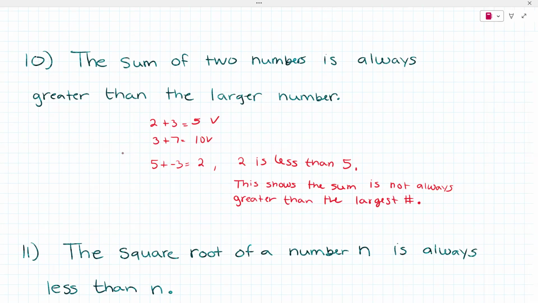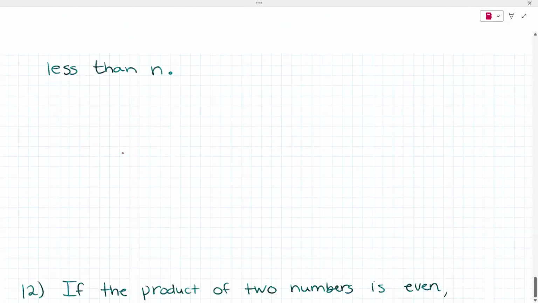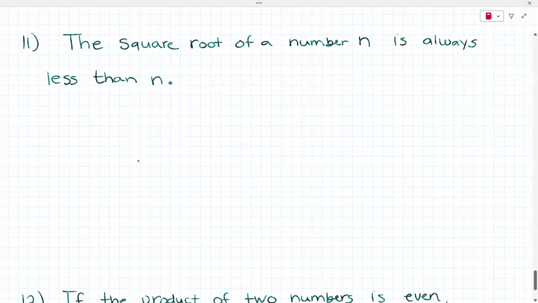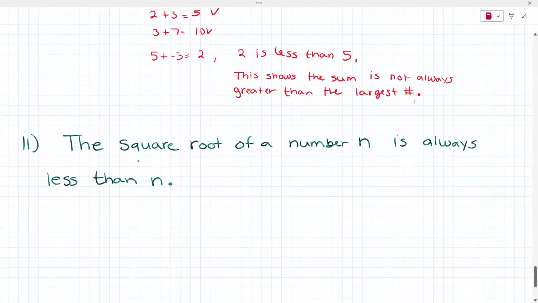Okay, so on the next one, just two more. The square root of a number n is always less than n. So is that always true? Let's try square root of 4.